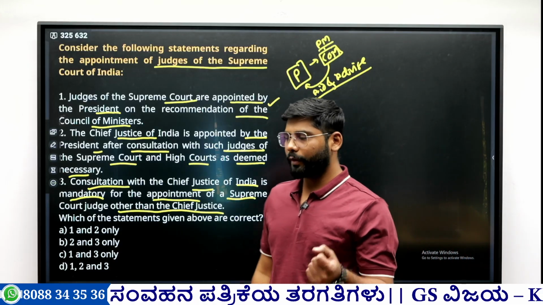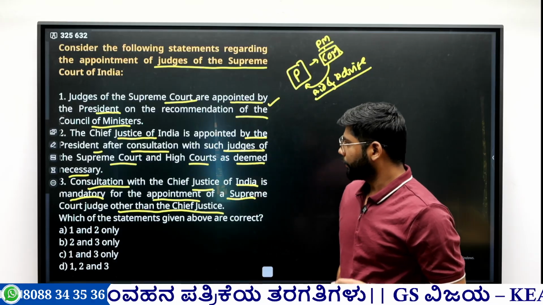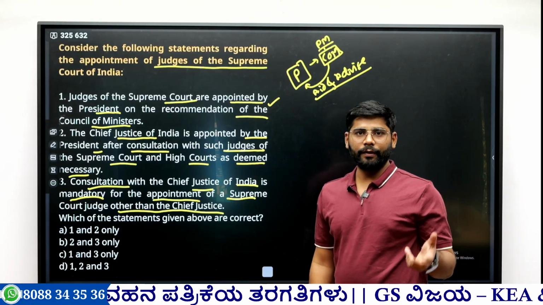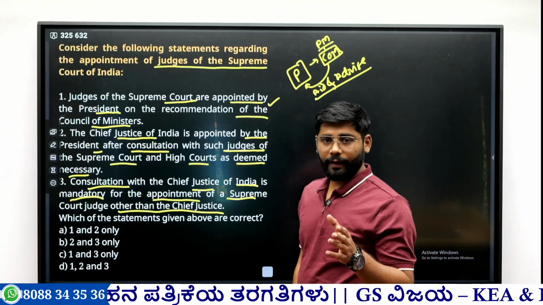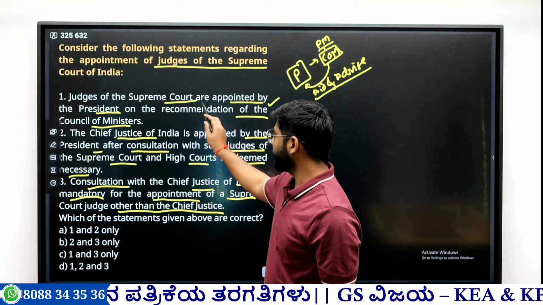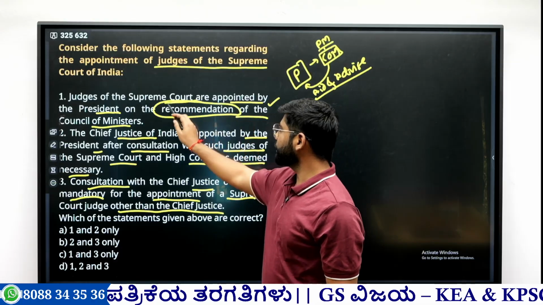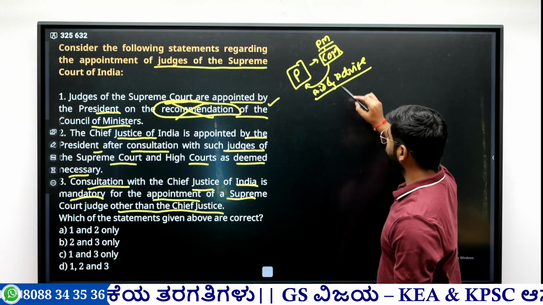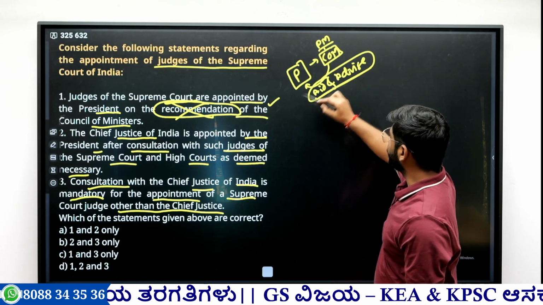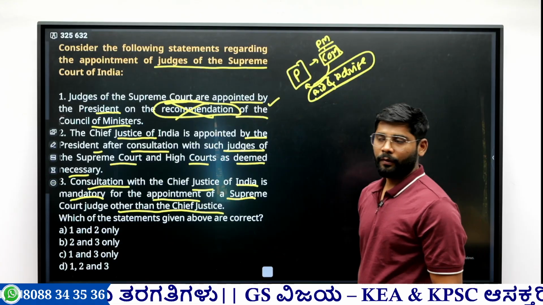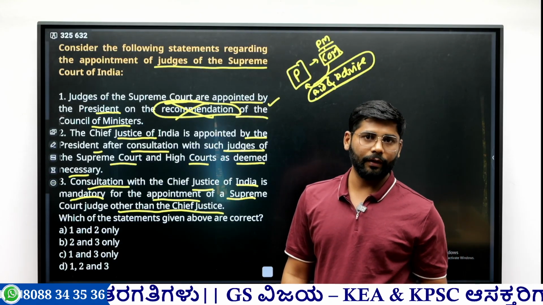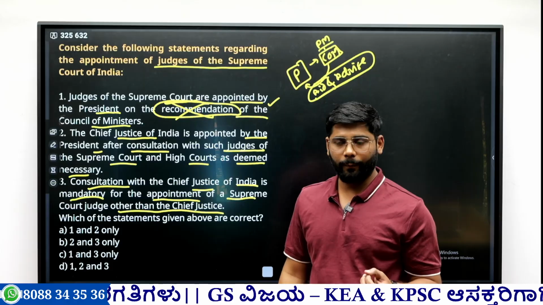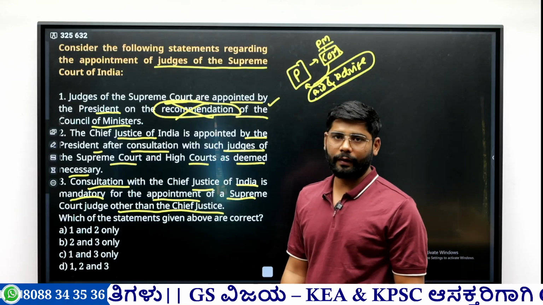So when it comes to the appointment of judges of the Supreme Court, the President needs the aid and advice of the Council of Ministers. But if they are saying recommendations, then it becomes wrong. The Prime Minister who heads the Council of Ministers will advise the President on the appointment of judges, but they will not recommend it.